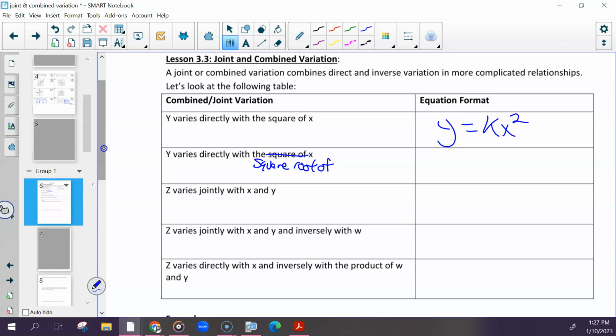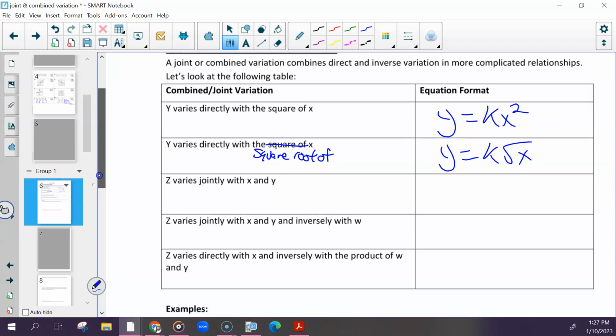Okay. So then the next one is going to have the square root. It'll look very similar. Y equals k, but then the square root of x. Keep those straight. Don't confuse them. Jointly really just means directly, but there's multiple. So it'll be 3 variables instead of 2 or 4.